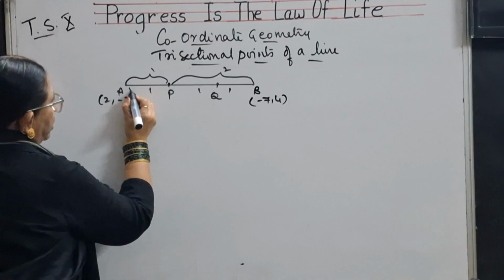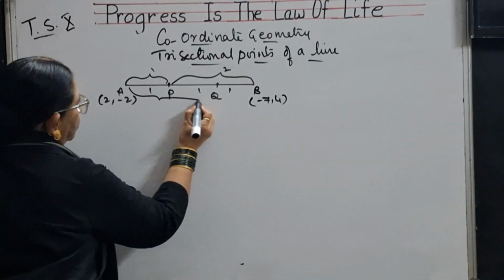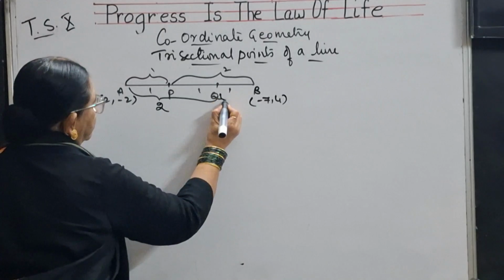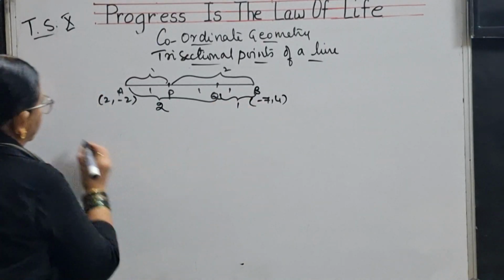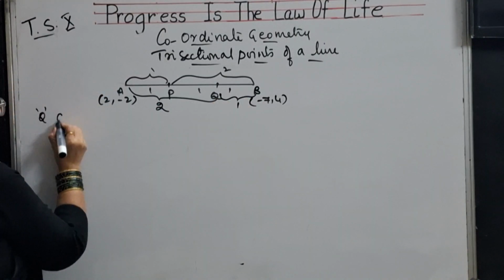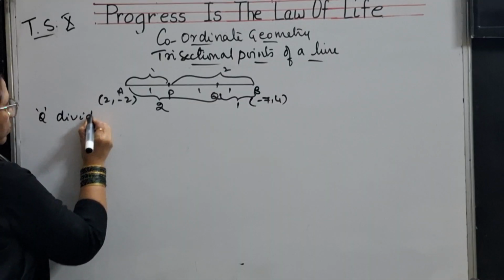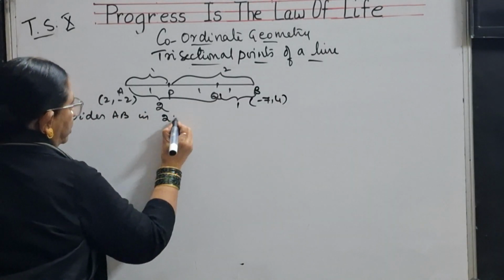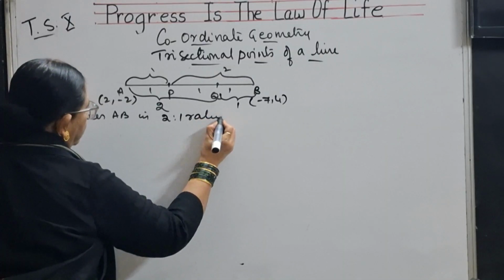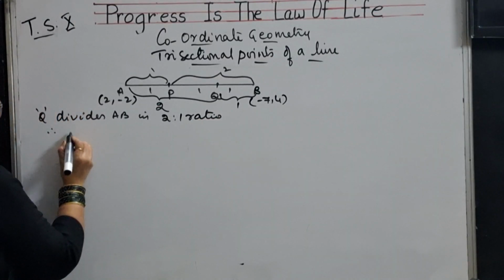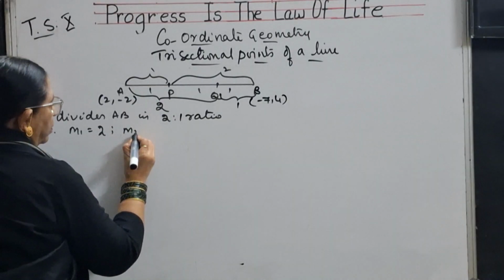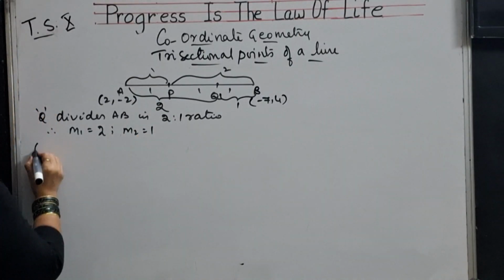So Q is dividing. See, this is Q. From here to here, 1 plus 1, 2, and this is 1. So Q divides AB in 2:1 ratio. Therefore, m1 is 2, m2 is 1.